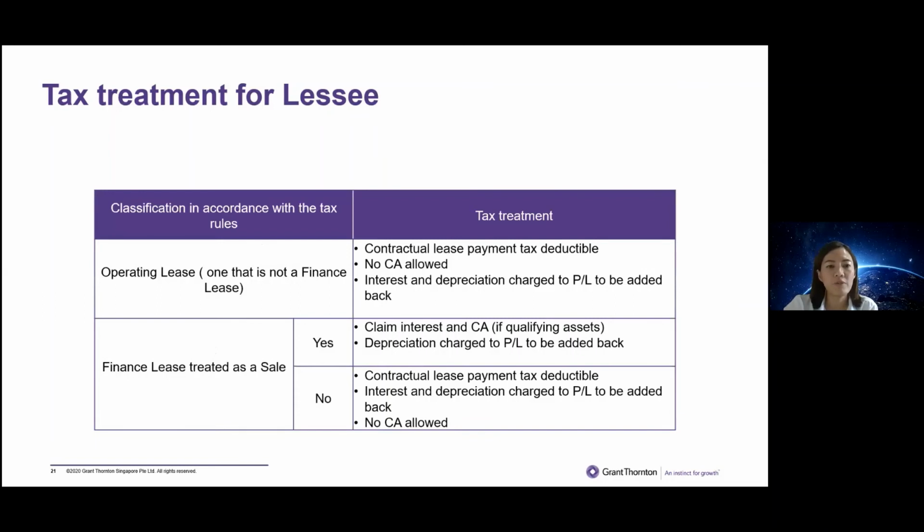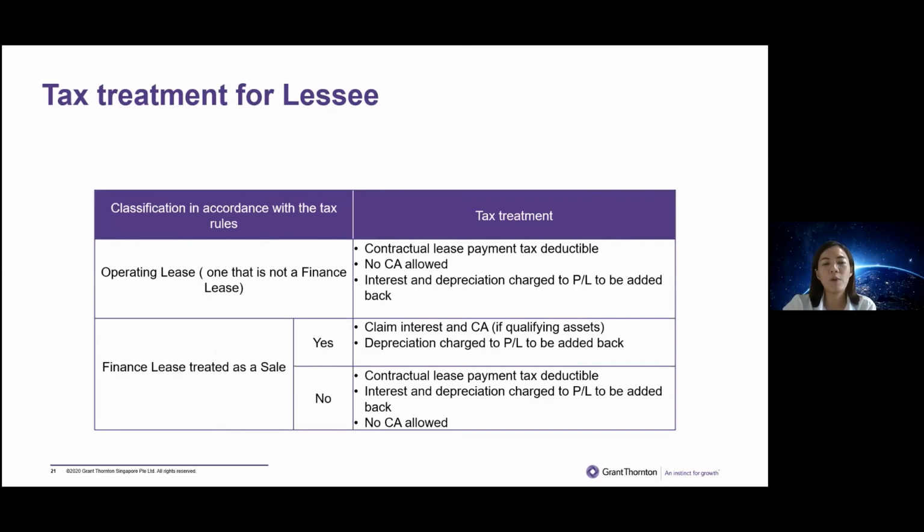For lessee accounting, just to reiterate, FRS 116 affects mainly lessee accounting. So here there will be a couple of tax adjustments that you now have to put through compared to prior to FRS 116. So in the case of an operating lease, the lessee effectively is just renting an asset.